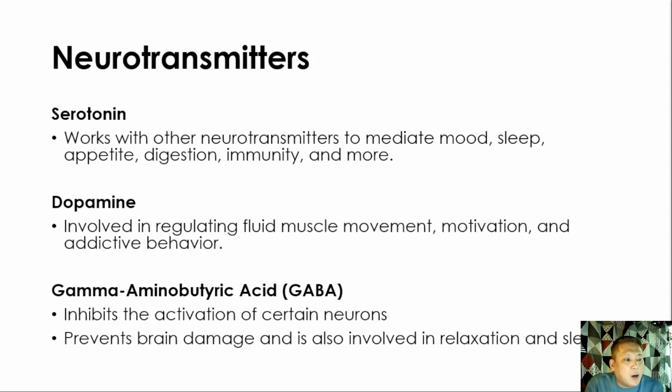Okay, next are the other neurotransmitters. Sabi natin, serotonin works with other neurotransmitters to mediate mood, sleep, appetite, digestion, immunity, and others. So maraming ginagawa ang ating serotonin. While dopamine, sabi naman natin, is involved in regulating body fluids, movements, motivation, and addictive behaviors.